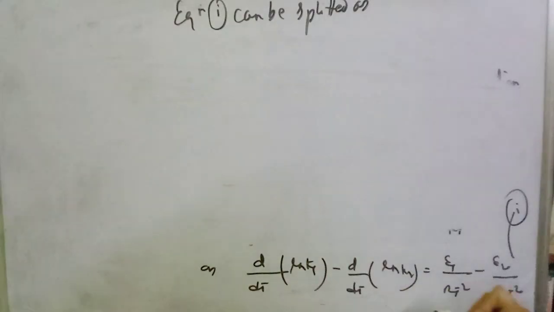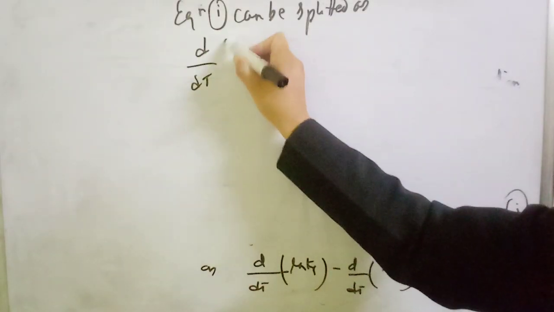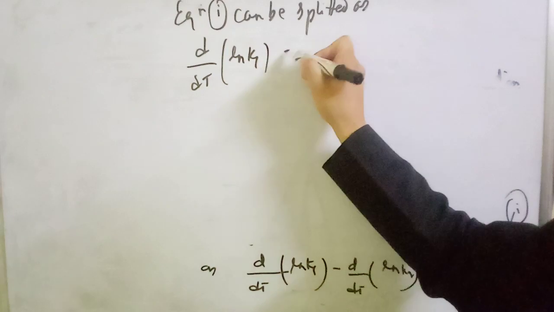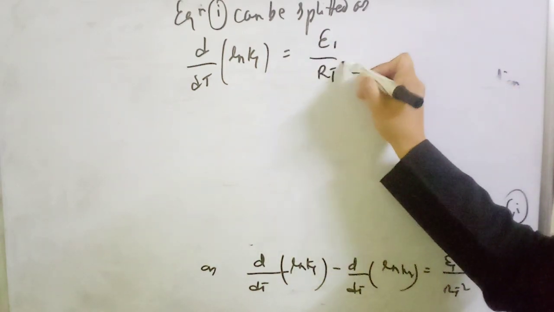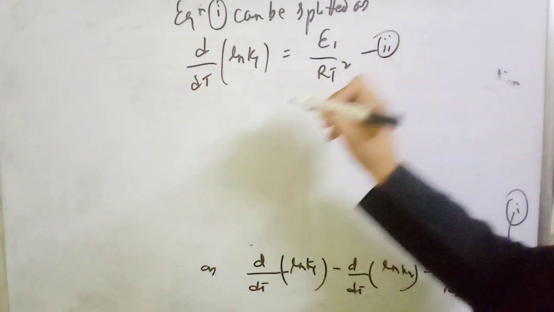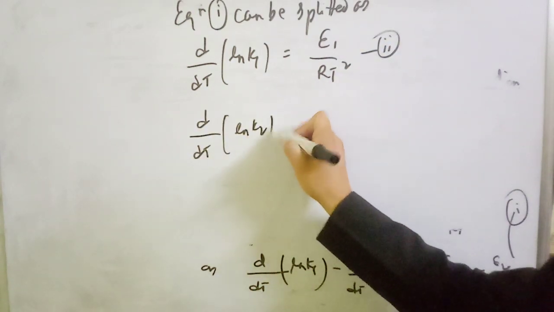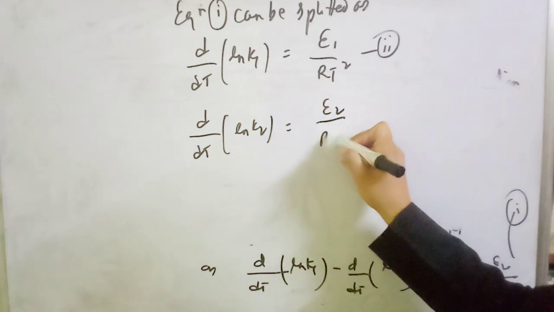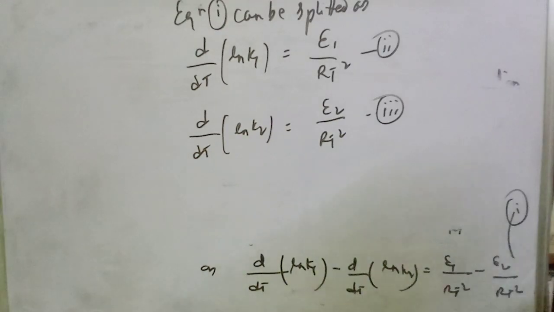This equation can be split this way: d upon dt ln K1 equals E1 upon RT square. This is, let's say, equation number 2. The next equation will be d by dt ln K2 equals E2 divided by RT square. This is equation number 3, that you can separate easily because K1 and K2 are different terms, for forward and backward.